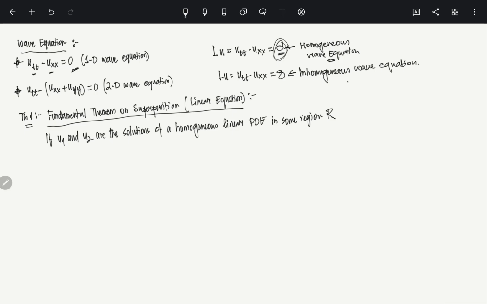I will specify all that, but for now just some region R. Then if you define U as C1 times U1 plus C2 times U2, with any C1 and C2, it is also a solution of that PDE in the region R.